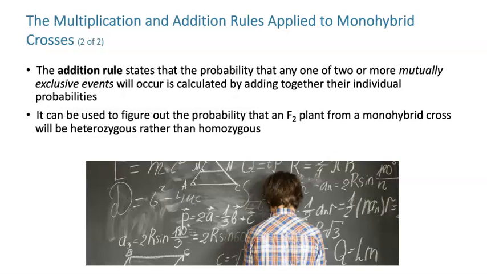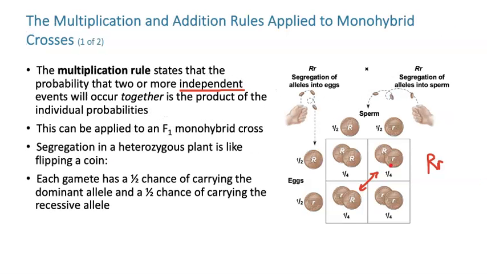So let's back up a second and say that we used the multiplication rule when we were trying to figure out the probability of this sperm meeting up with this egg. But we use the addition rule to say, oh, but there are two different ways that could happen, and I want to combine them. So that's going to be add 1/4 plus 1/4 is 1/2.